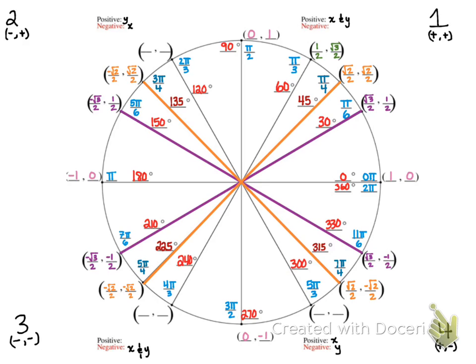And last but not least, our pi over 3 reflections. So if we take this line and we reflect it over the y-axis, we end at 2 pi over 3, which is going to give us negative 1/2, comma root 3 over 2.